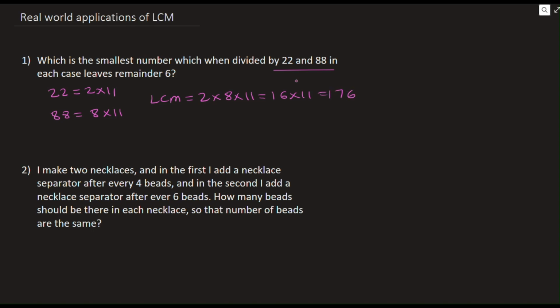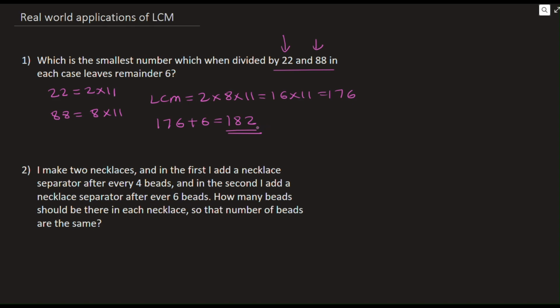And when divided by 22 and 88 it leaves remainder 6. So it is a least common multiple. So the final answer is not 176, but it is 176 plus 6, which equals 182. So 182, I divide by 22 and 88. In both the cases it leaves remainder 6. So this is the answer.